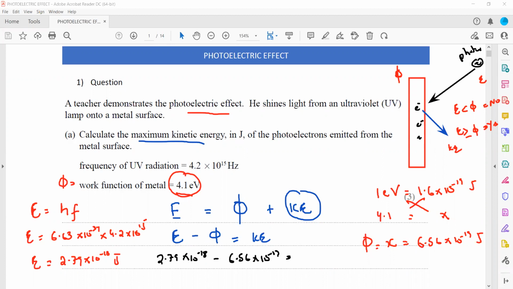When we subtract the two, the maximum kinetic energy comes out as 2.13 × 10^-18 joules. This is the kinetic energy at which the electron will come out. Is this question clear, how we calculated the kinetic energy of the electron coming out from the metal surface? Any doubt in this question?